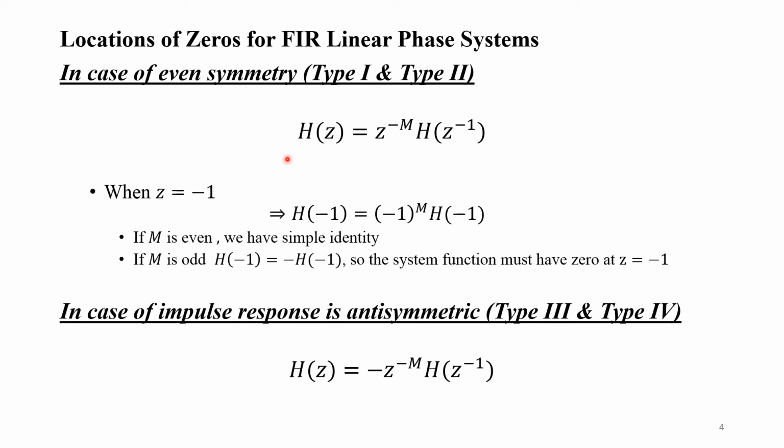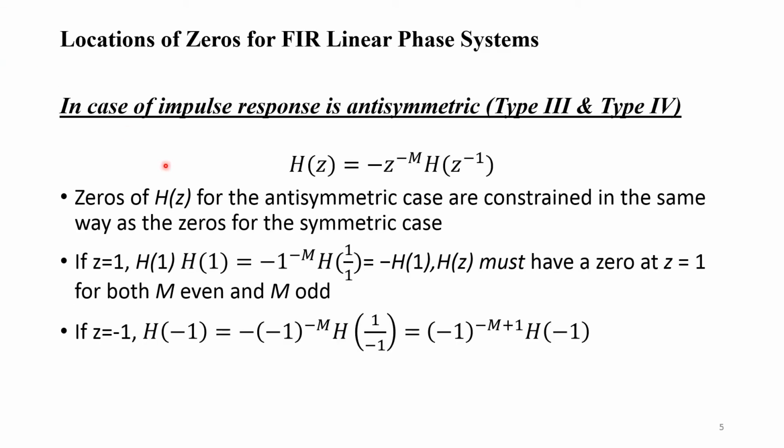This is only possible when this is equal to 0. That means the system function must have a 0 at z equals minus 1, because only for the 0 case H(-1) will be equal to minus H(-1).